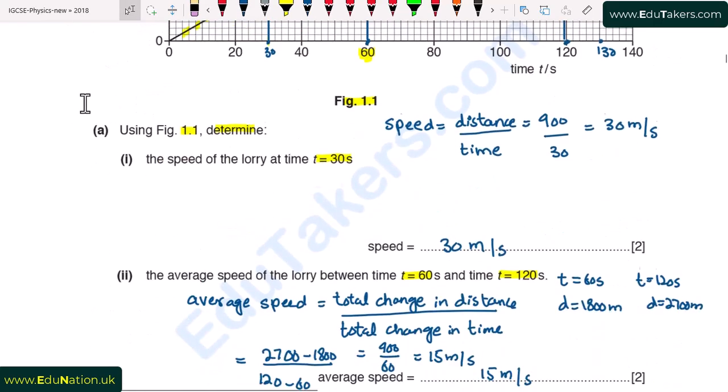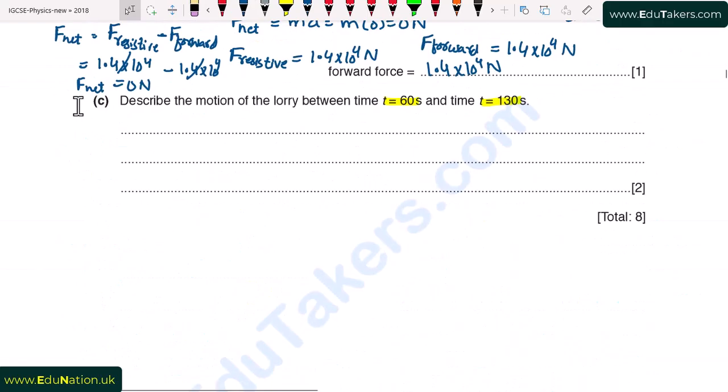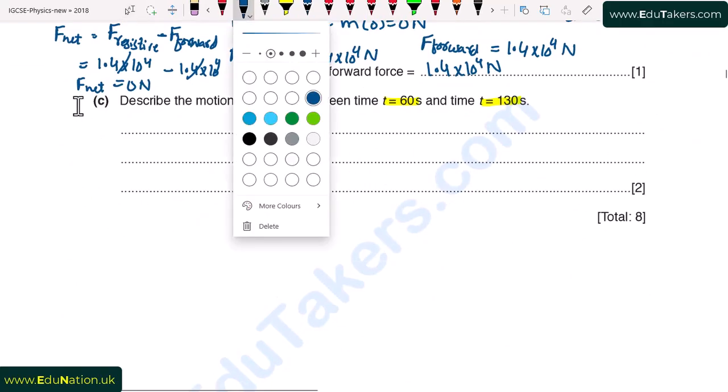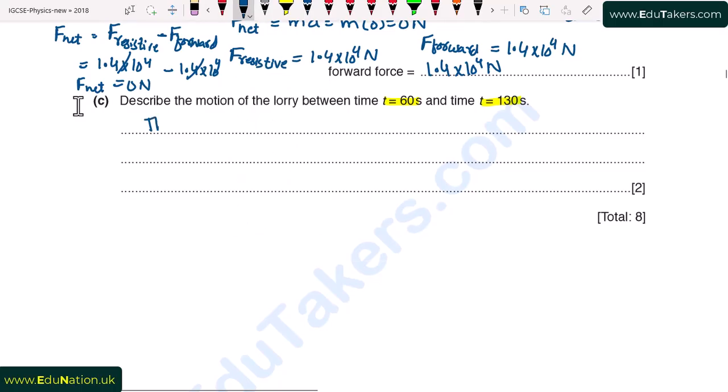So I write here the lorry has decelerated to stop. It means that first of all its speed decreases and at the end it stops.